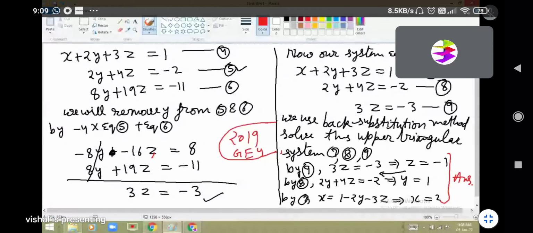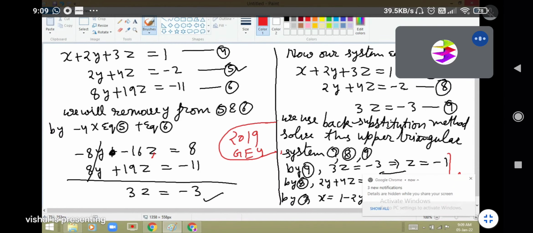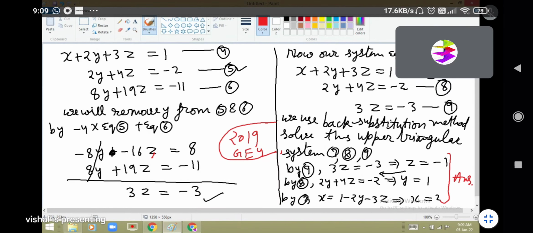Now we will use Gaussian elimination method. This is the one way to use Gaussian elimination method. And if you say that I don't want to solve this this way because this is a very lengthy procedure, there is a very short procedure which is the matrix method. Means the method is Gaussian elimination method using matrix. We will solve this system of equations with the help of Gaussian elimination method using matrix.